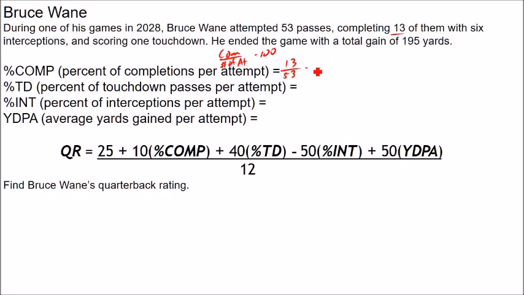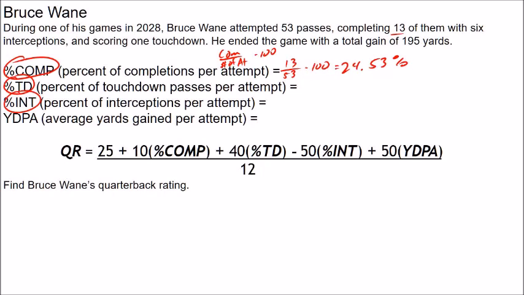And again, we're going to multiply this times 100 to get this as a percent, because notice it does want it specifically as a percent. Just like the next two also, the yards per attempt is not a percent. So for example here, 13 divided by 53 times 100 is going to be 24.53, and that's a percent.